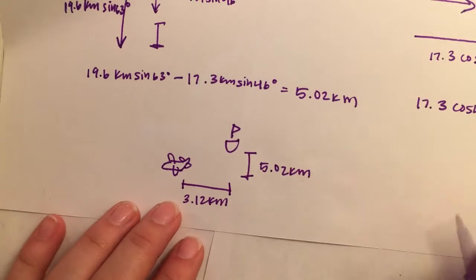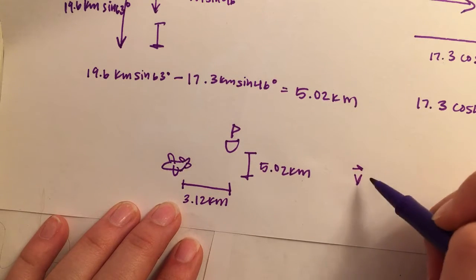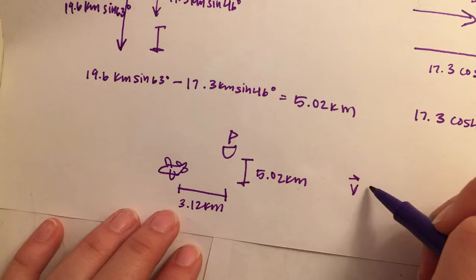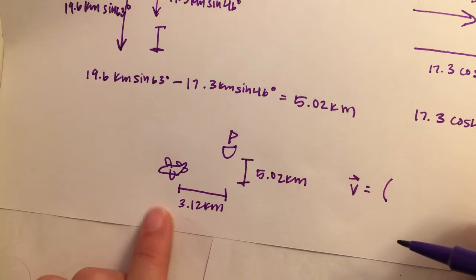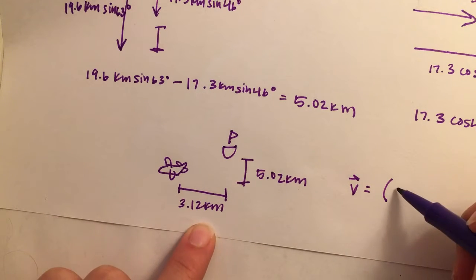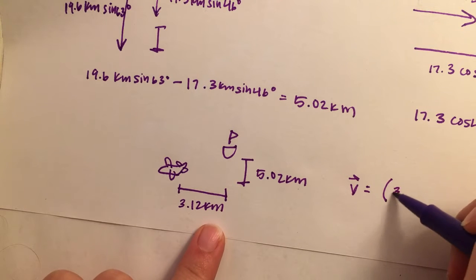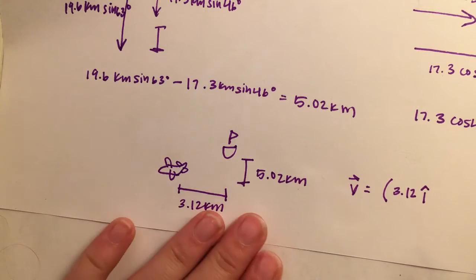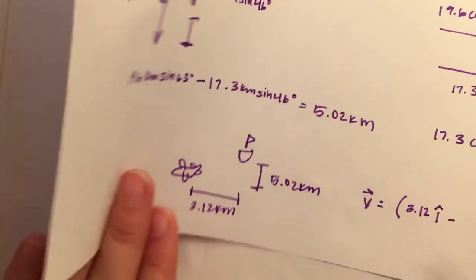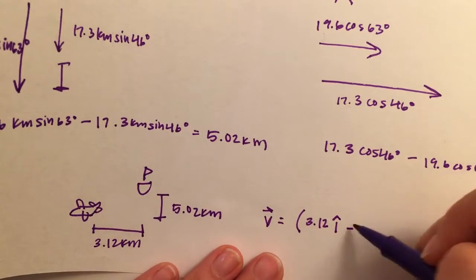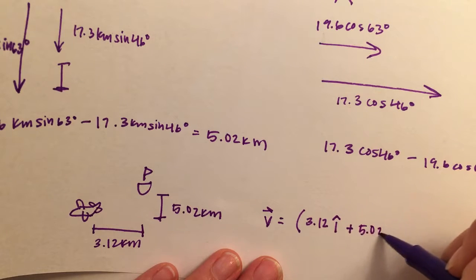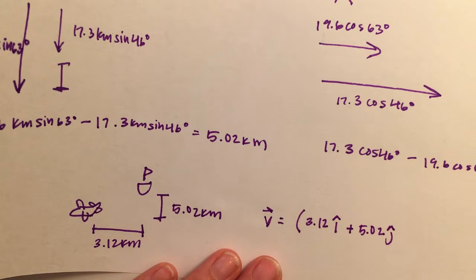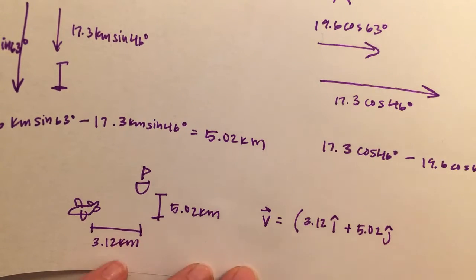Okay, so we can do that. Position vector, that's just v for vector, equal to 3.12 kilometers in the positive x direction, 3.12 i hat plus 5.02 j hat.